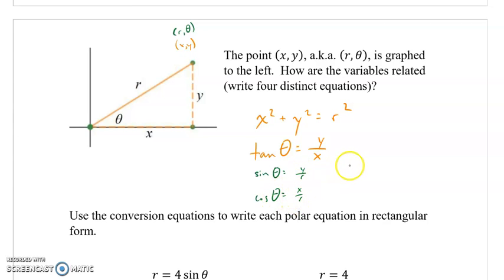So kind of the idea here is that we've got y equals something in terms of r and theta, and we have x equals something in terms of r and theta as well. So if we have r's and thetas, we can find x's and y's easily. If we have x's and y's, we can find r's and thetas easily, right?